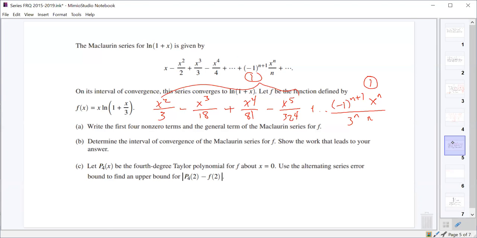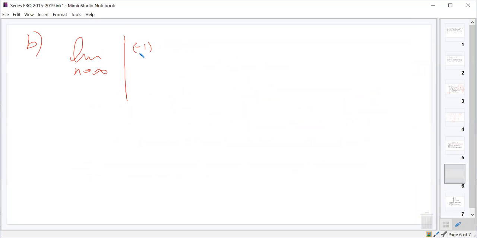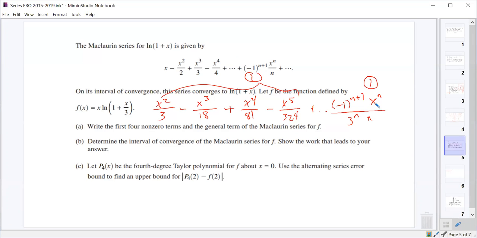And we've got -1 to the n plus 2 times x to the n plus 1 over 3 to the n plus 1 times n plus 1.